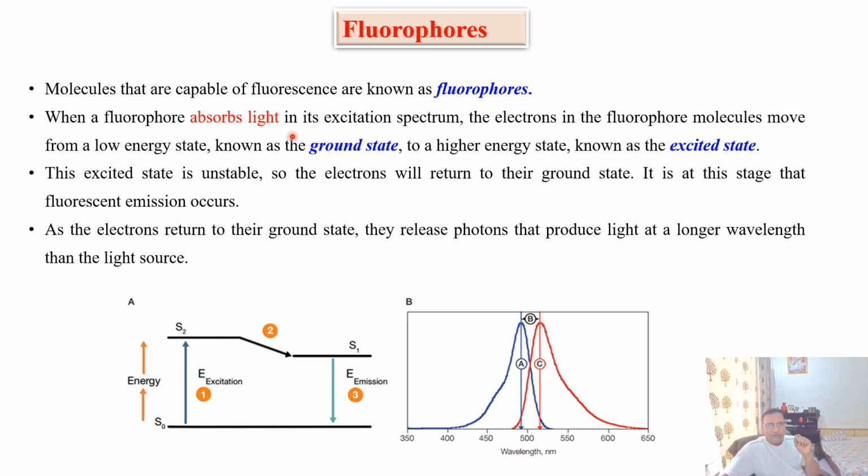When a fluorophore absorbs light, as we said earlier, when light strikes cells or any object, some light is forward scattered, some is scattered inside, and some is absorbed.